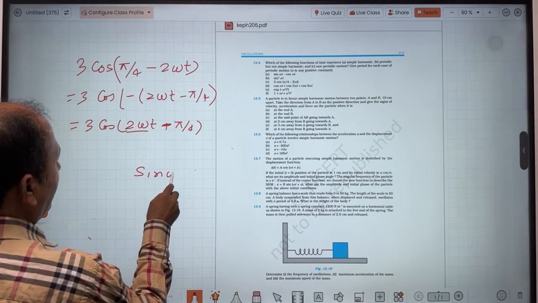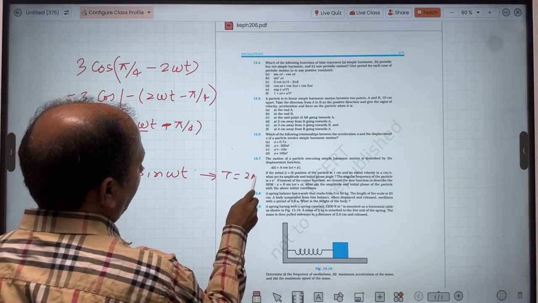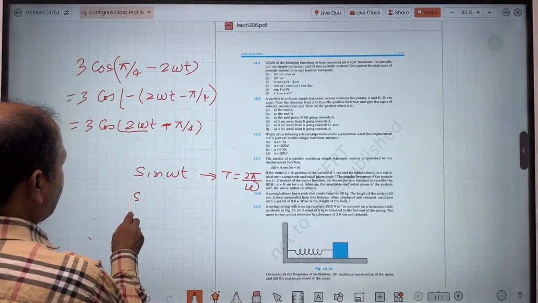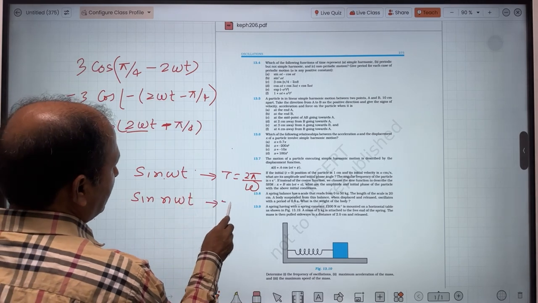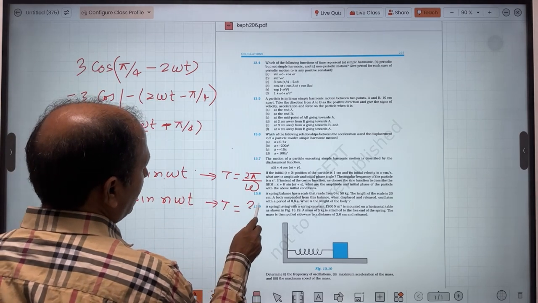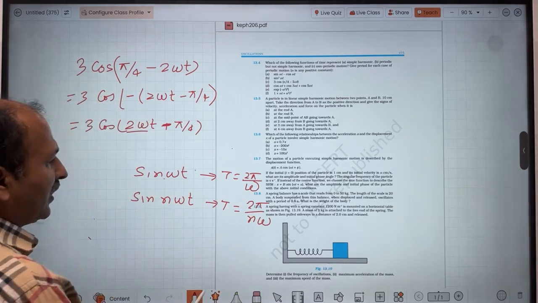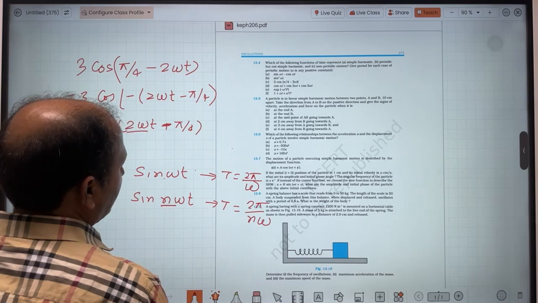A very simple rule is there to find the time period. Suppose you are given sine omega t. So here the time period will be T equal to 2 pi by omega, right? If some number is given like sine n omega t, in that case the time period will be 2 pi by n omega. We have to use this concept.